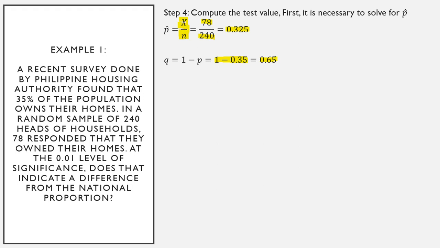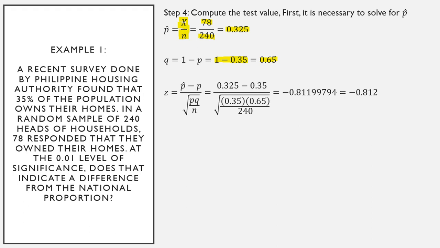Okay? So, kumpleto na yung kakailanganin natin para po makapag-substitute na tayo dito po sa formula na gagamitin natin for the proportion. Okay? So, substitute lang natin yung sample proportion, which is 0.325, minus the population proportion na 0.35, divided po sa square root ng 0.35, multiplied to 0.65, which is the Q, and then divided sa sample size na 240. Okay?